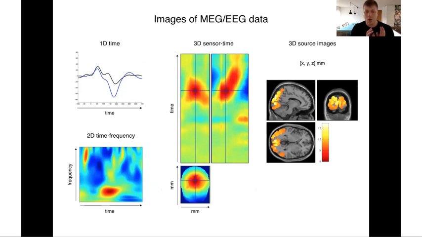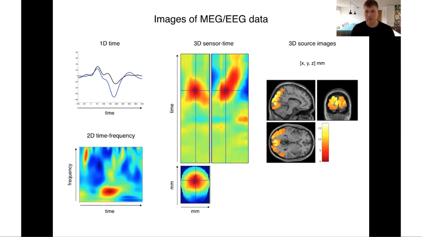So we would like to localize effects over various dimensions. So that could either be over time, one-dimensional time, as in the case of ERPs, or this could be 2D time frequency images, where we'd like to localize power or changes in power between conditions or between groups of subjects.